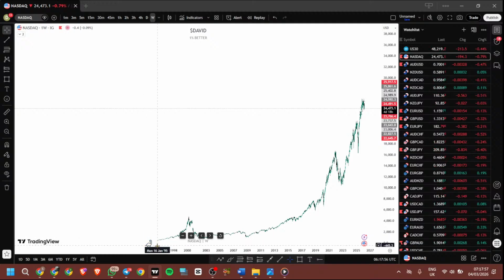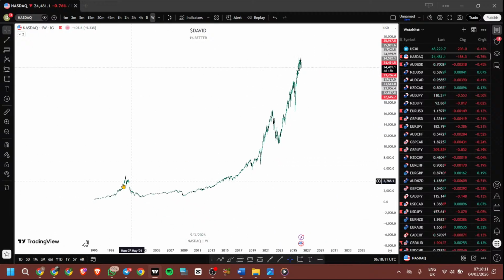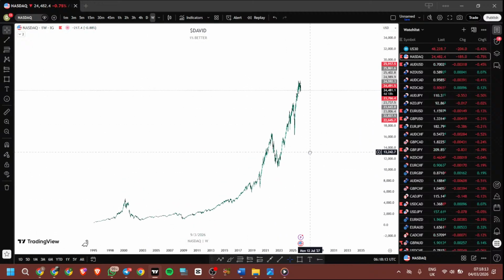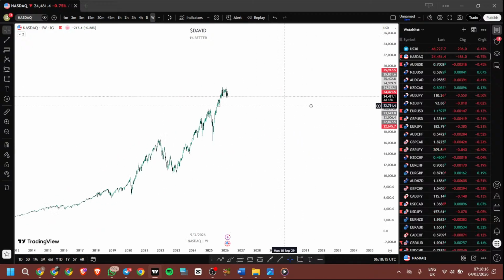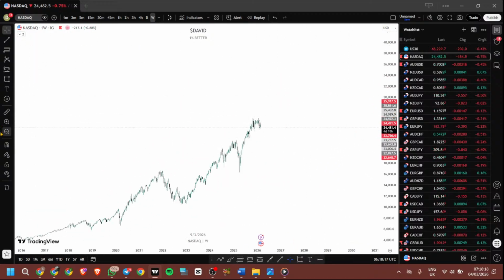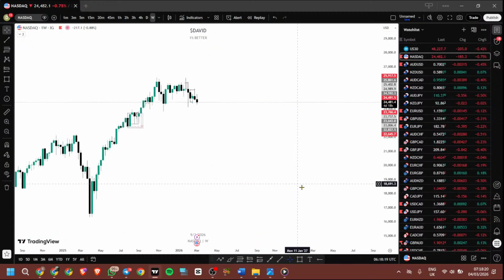Probably the host of the Nasdaq chart started around 95. Ever since, Nasdaq has been uptrend, downtrend, uptrend, little downtrend, but majorly it has been giving this uptrend move. So let's zoom in on the recent weeks.